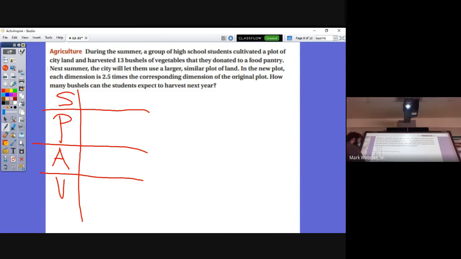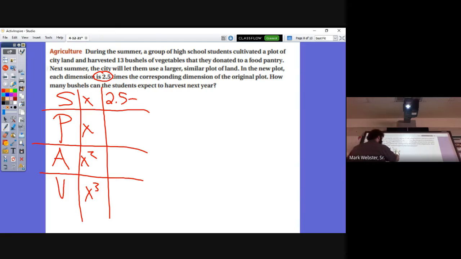Well, let's do it. So the scaling factor is 2.5. Now, I don't know about you, but when I try and square decimals, I get confused. So I'm going to rewrite this as 5/2.